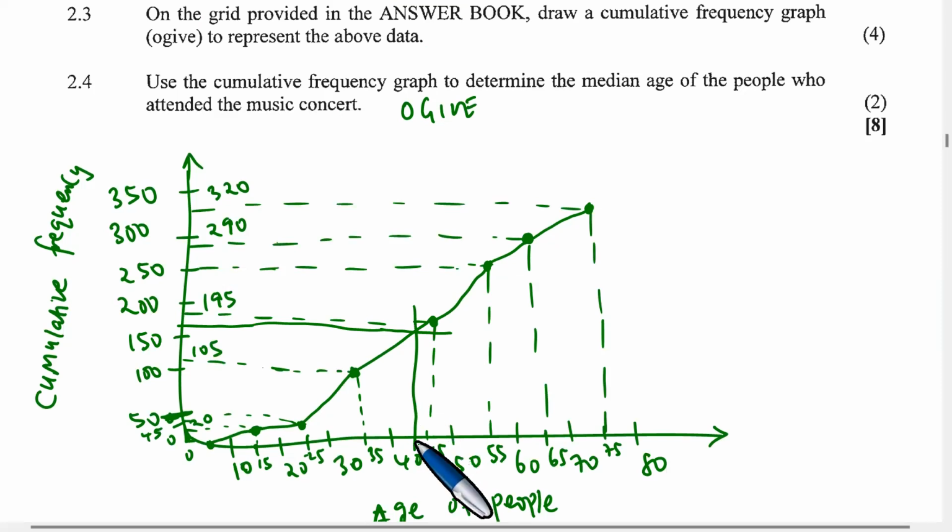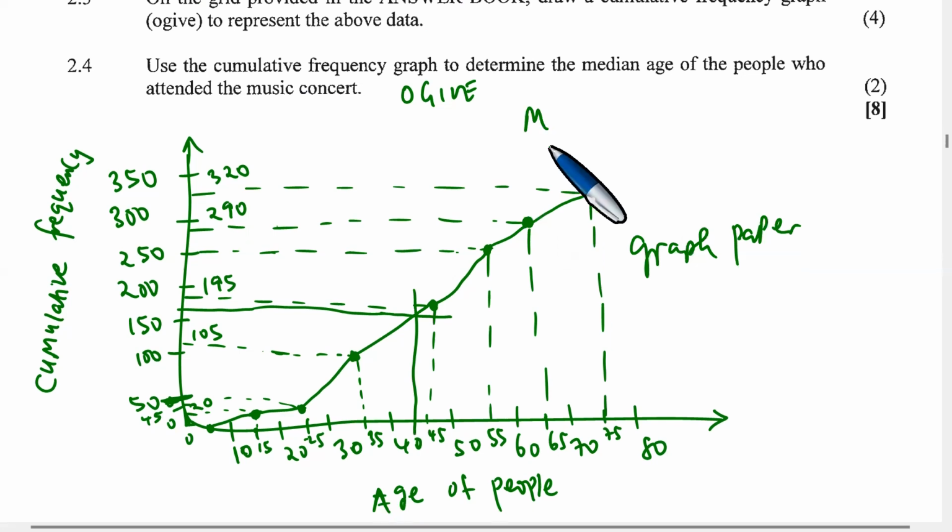Obviously using graph paper, this is not to scale, but you see that the median age is equal to 41, just above 40. So it would just be 41 there.